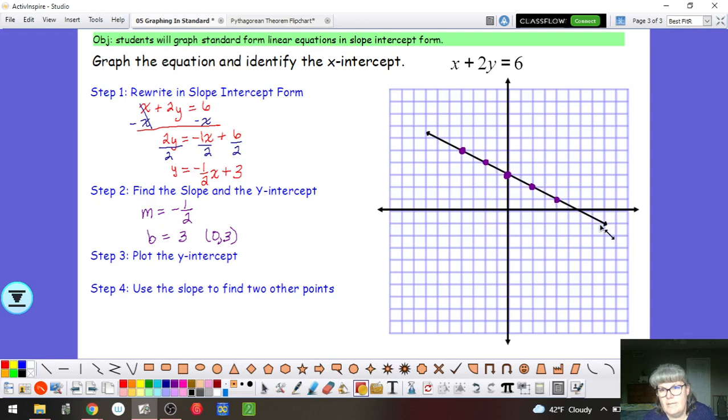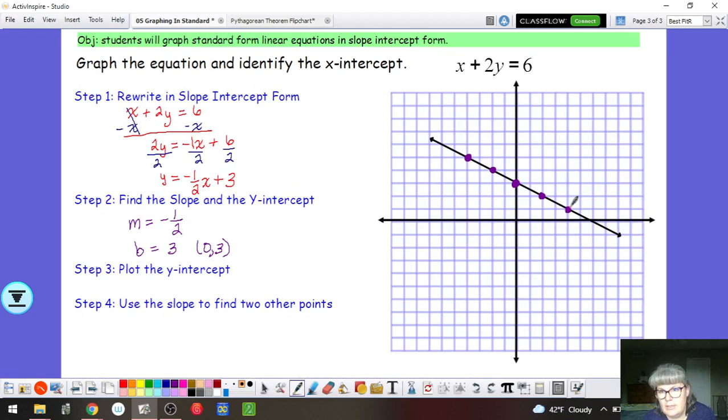And then I need to identify my x-intercept. So if I double check, if I went down 1 and right 2 again, it appears my x-intercept is at the point 1, 2, 3, 4, 5, 6, 0.